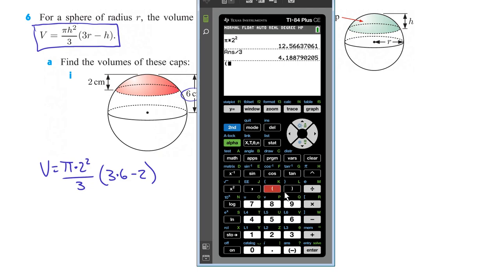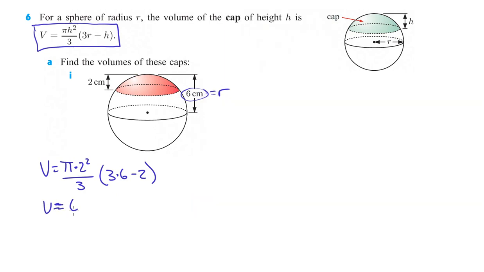And then times 3 times 6 minus 2, like so, and that should give us the volume of just this little cap piece right here, which is about 67. So volume is about 67 cubic centimeters for that one.